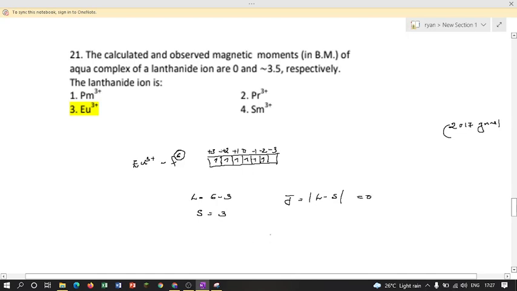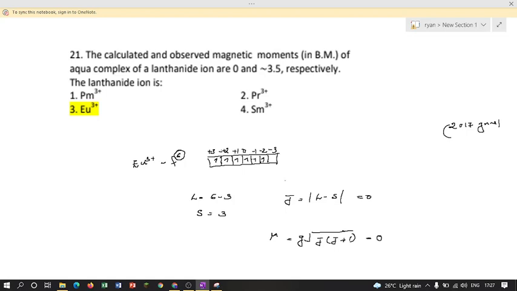Here magnetic moment is g times square root of J into J plus 1, and this will be equal to 0. Therefore, here the calculated and observed magnetic moments of the aqueous complex of the lanthanide ion are 0 and 3.5. Therefore, here option.